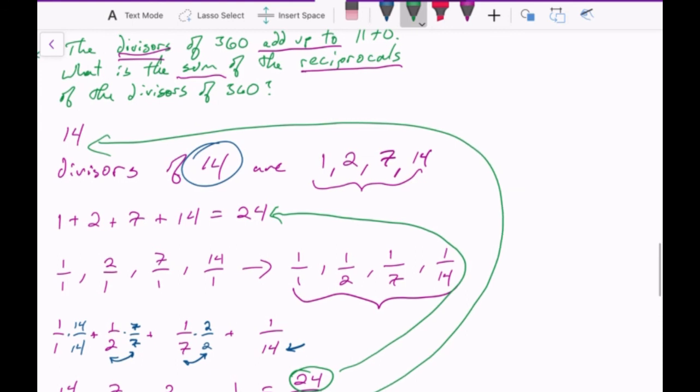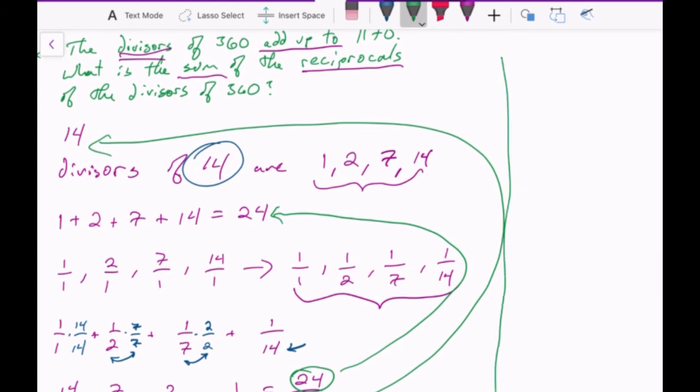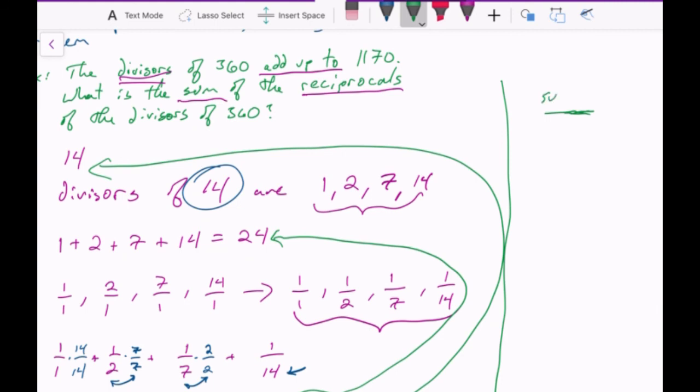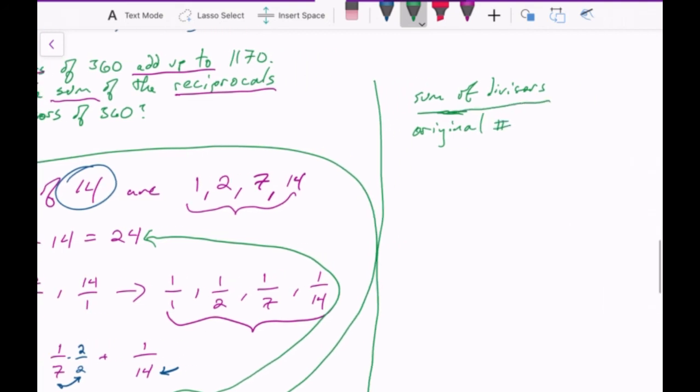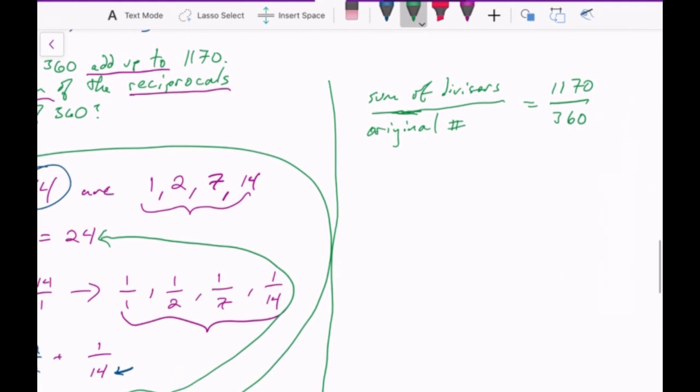So we can apply that to the original problem and say that the sum of the reciprocals will be a fraction where the top number is the sum of the divisors and the bottom number is the original number. Or in other words, 1170 over 360. And of course you can simplify that, but we have our answer.